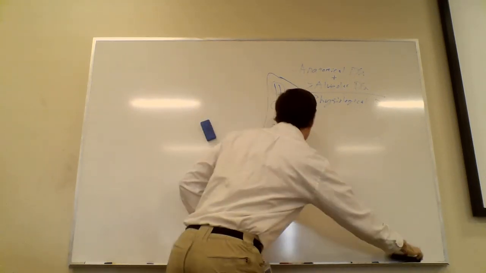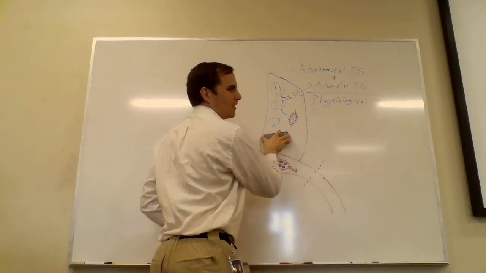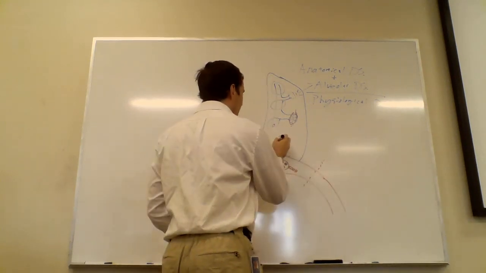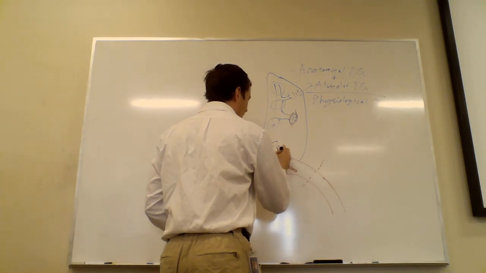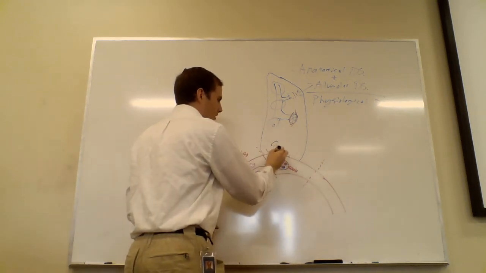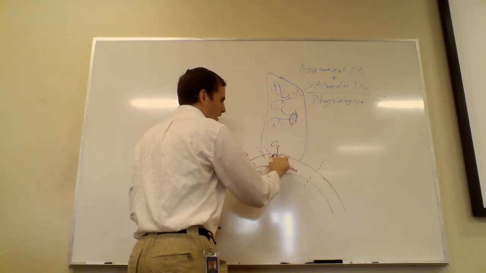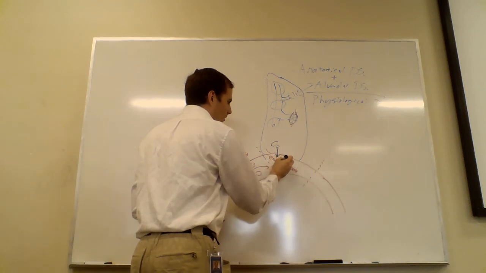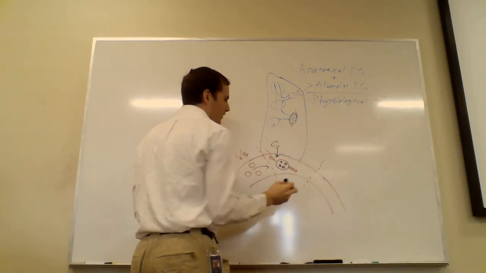O2, I'm going to make so that this lung has room to, oh thanks. So O2 comes in. In the lungs? Yes, it's coming from the lungs, and it goes down, and it binds to one of the sites.